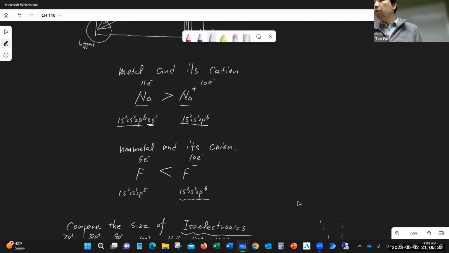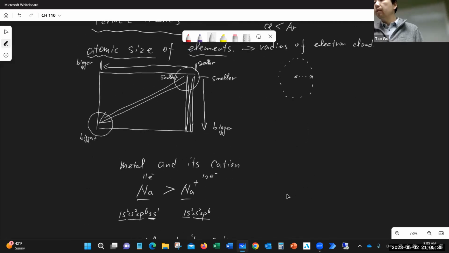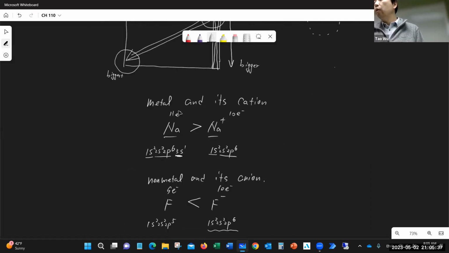Okay, and then we also talk about the size for metals and their cations. Usually a metal is bigger than its cation because in becoming a cation it loses one of the shells. So definitely the metal is bigger than that.